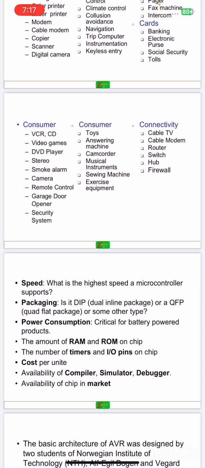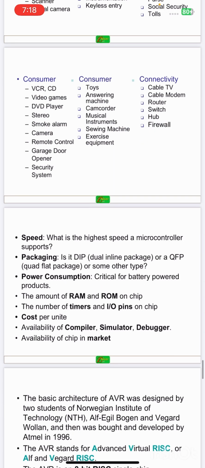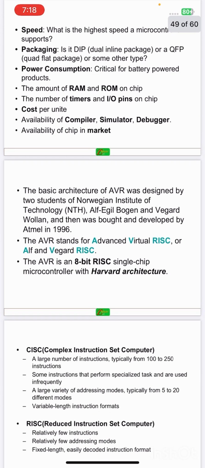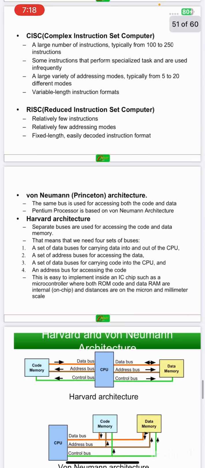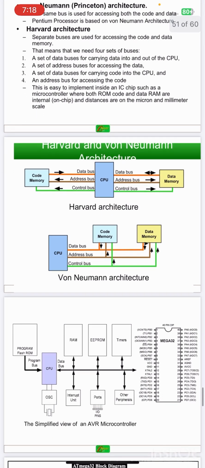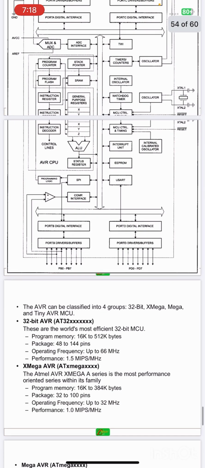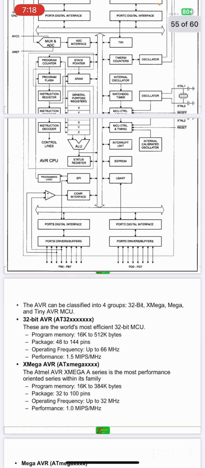It means the speed to access the data, packaging, and power consumption. These are all the things that we are going to learn in microprocessors. Now this is all the data as we explained earlier, and this is the block diagram, and this is the end of our lecture.